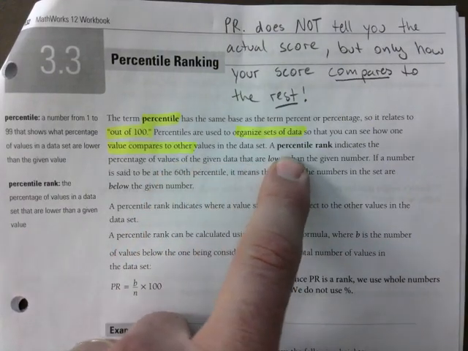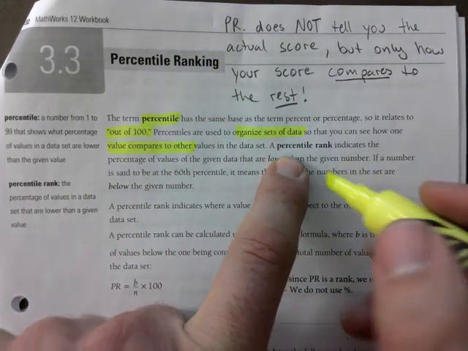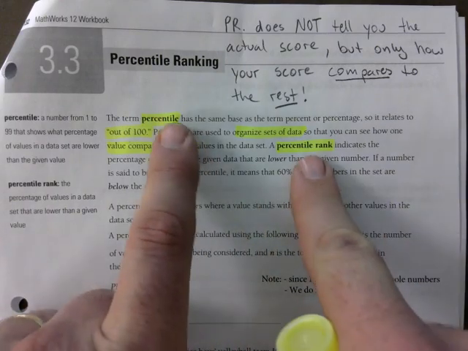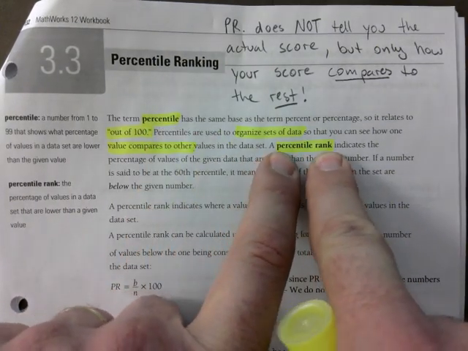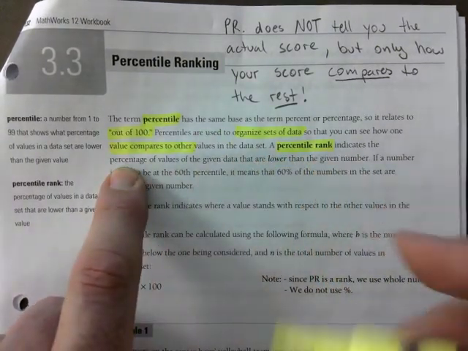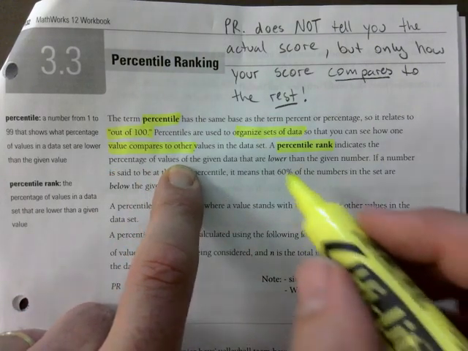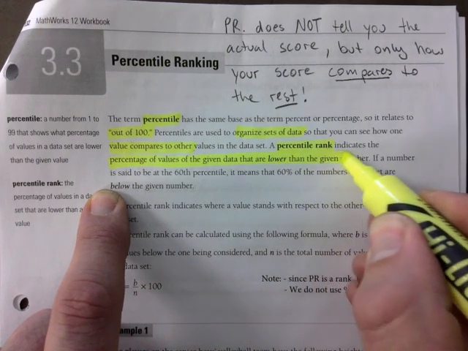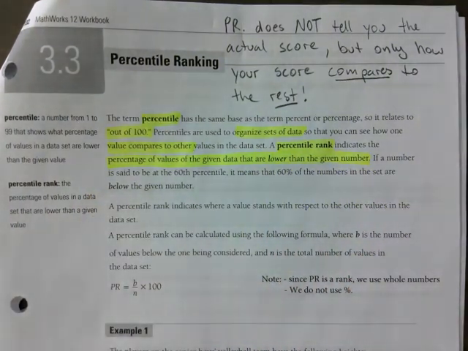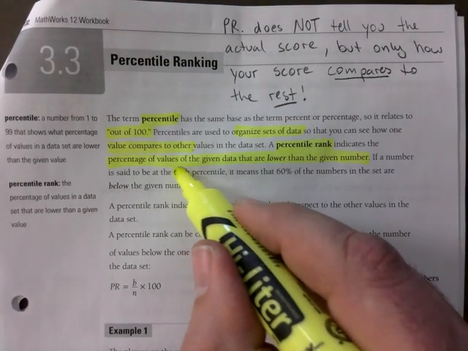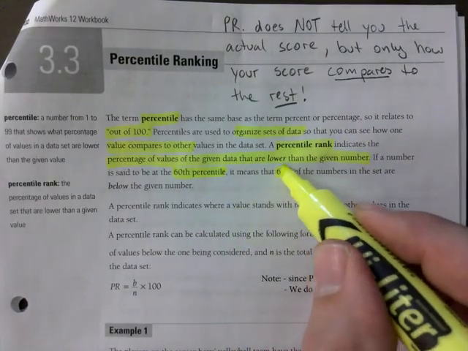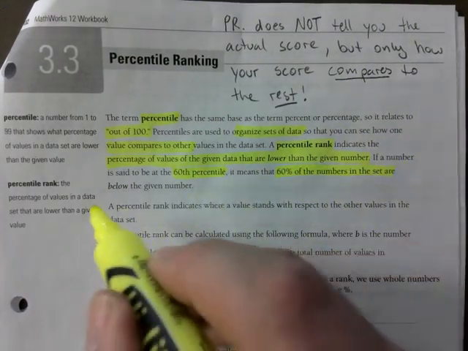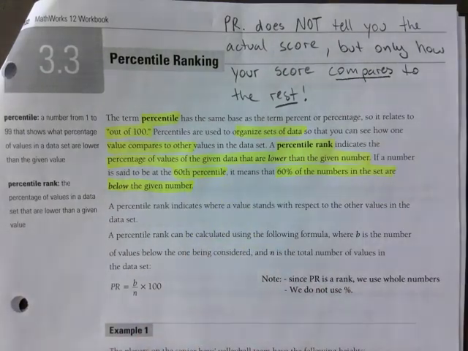A percentile rank indicates the percentage of values that are lower than the given number. If a number is said to be in the 60th percentile, that means that 60% of the numbers in the set are below the given number.